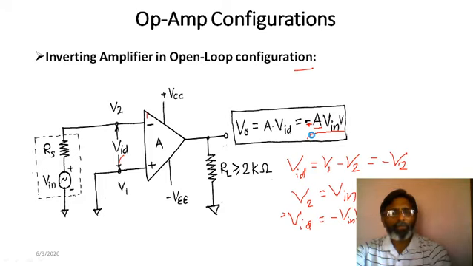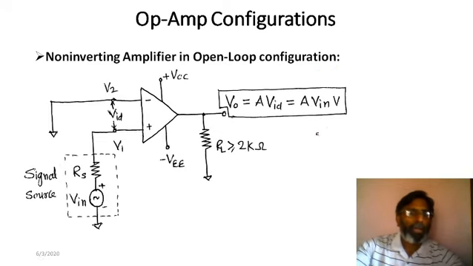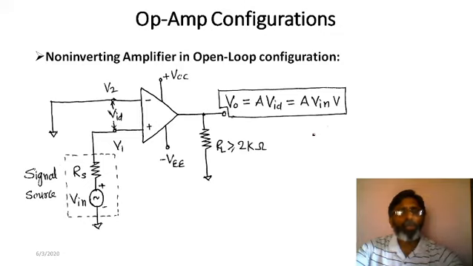Then similarly, we have the non-inverting amplifier in open loop configuration. So here the difference is what? We are just applying input to the non-inverting terminal, and the inverting terminal is connected to the ground. So in this case, again we have the same formula. VO will be equal to A into VID.